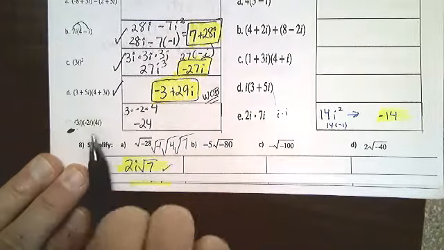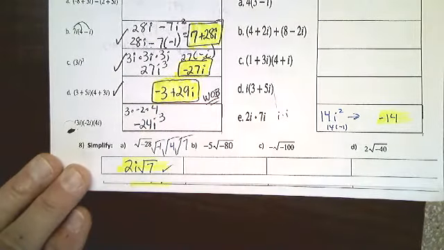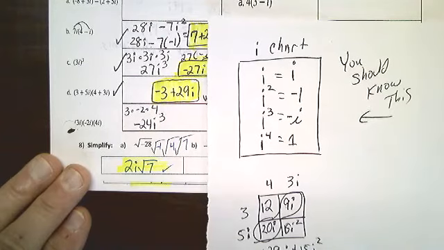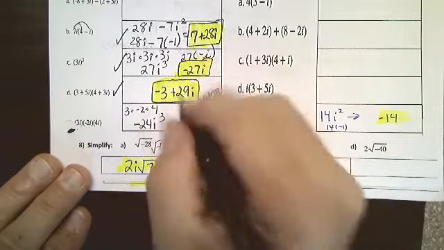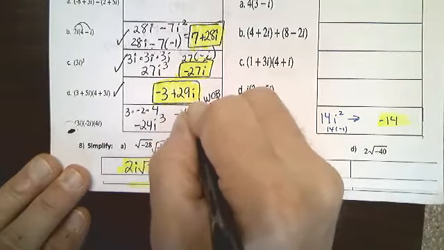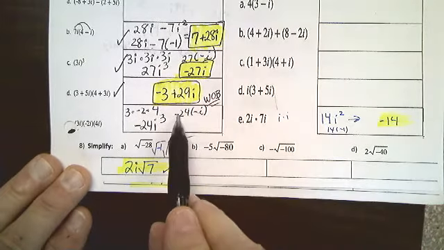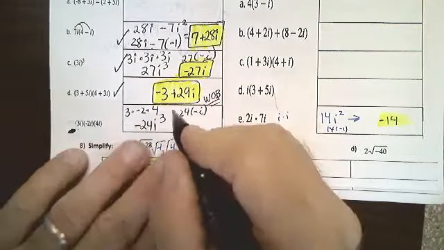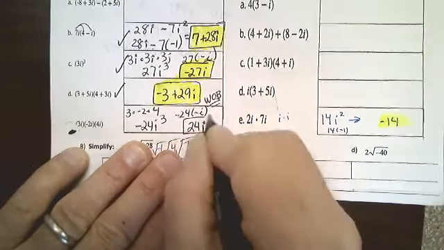And then i times i times i, that's i to the 3rd power. Check your i chart. Convert i^3 to -i. So you just change it out like that. And when you take this negative times that negative, you get positive. And then don't forget the i.